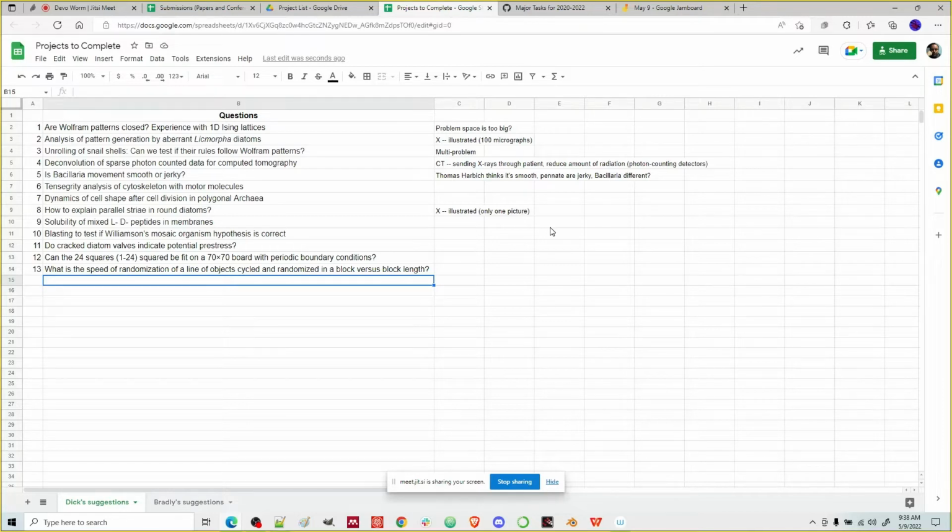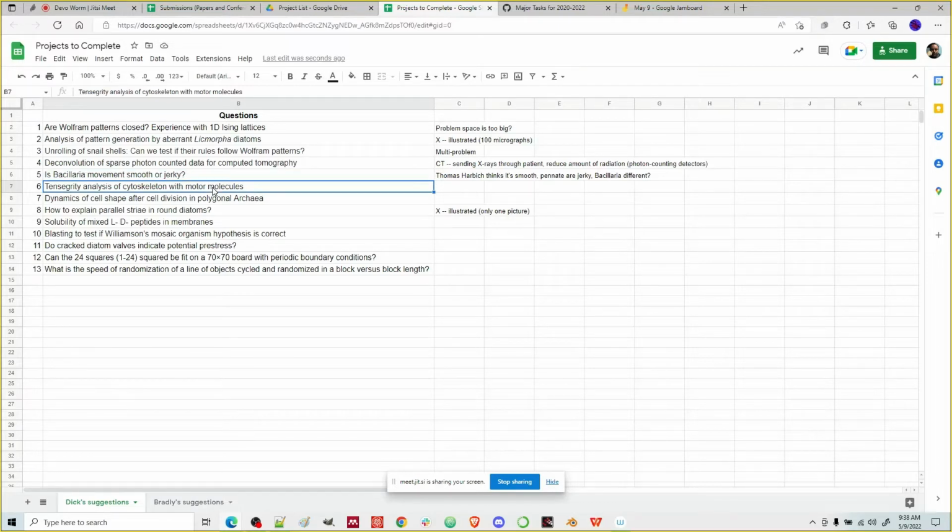There are probably lots of movies of Bacillaria at 30 frames a second, and the question is just analyzing them for how smooth the movement is. We have some movies, and there are gobs of movies online. So getting data is trivial.